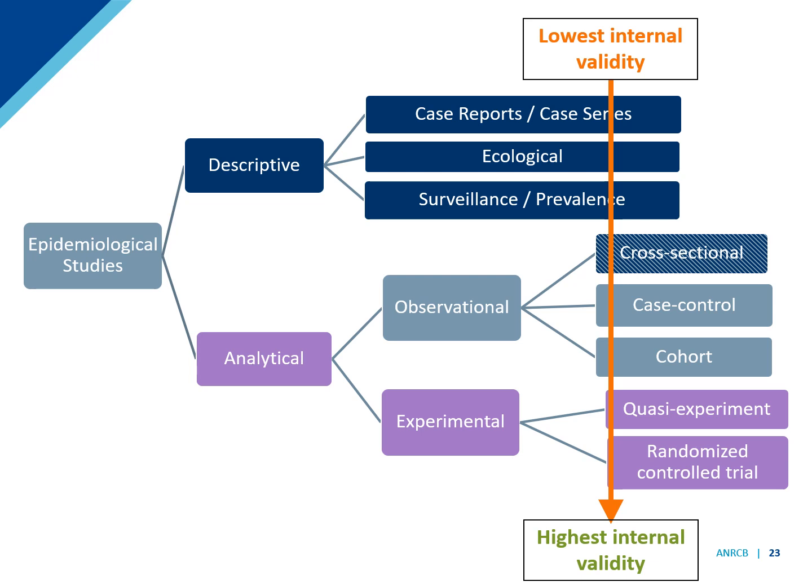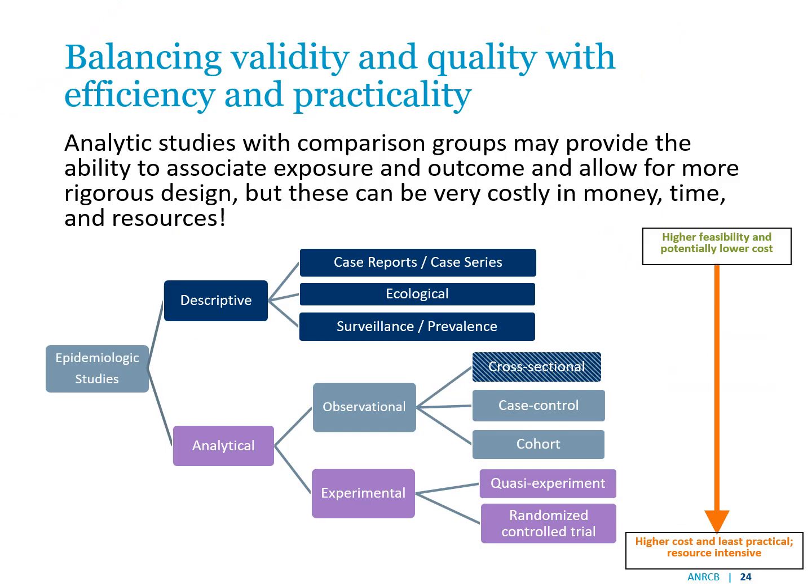This is why we may do intervention trials or community trials. In addition, analytic studies with comparison groups and carefully controlled conditions are often more expensive, more difficult to conduct, and take much greater time and resources to complete than studies that are less rigorous.